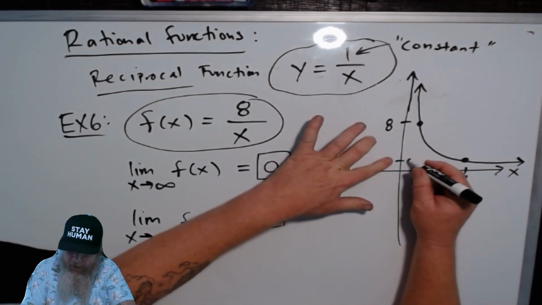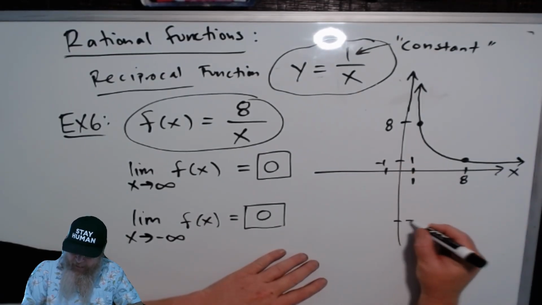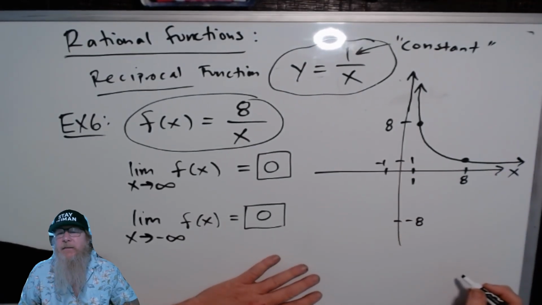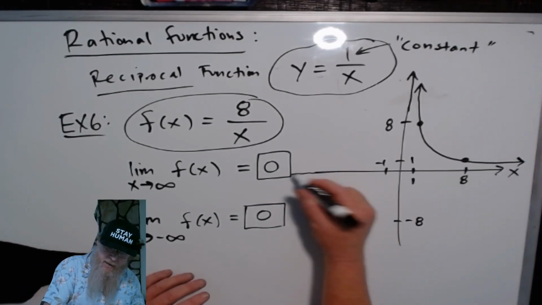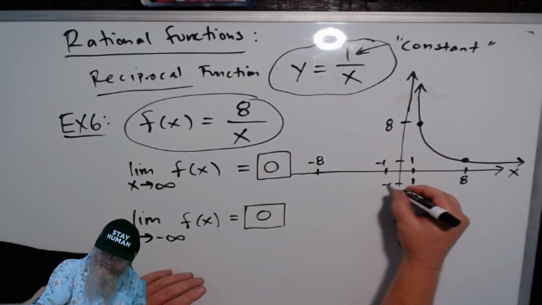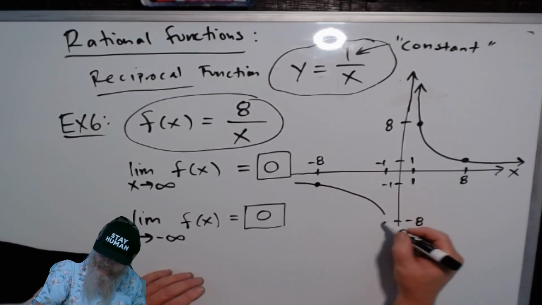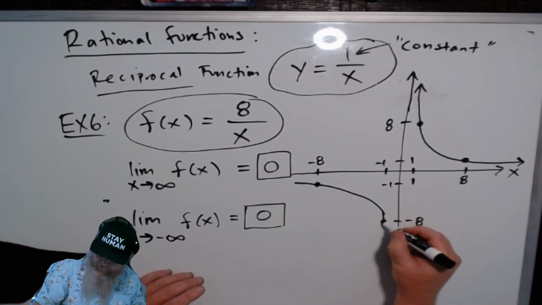Similarly, if you plug in negative 1, you will get out negative 8. And if you plug in negative 8, you will get out negative 1. So it looks like this in quadrant 3.